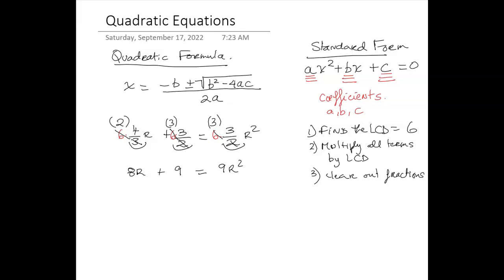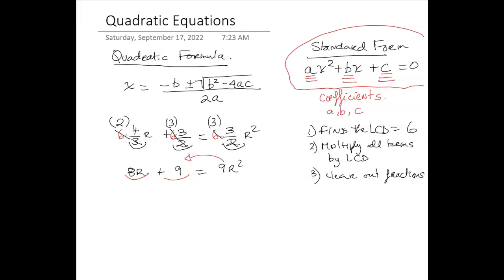Now we have simplified the way it looks, so it looks way better, but we still don't have it in standard form. We want ax squared plus bx plus c. So we want the 9r squared to be next to the 8r plus 9. Either way you can.